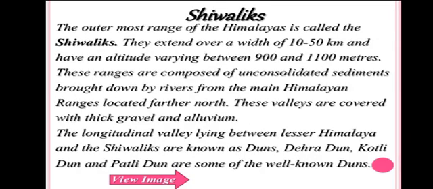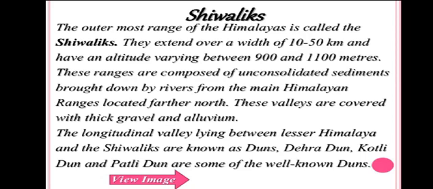Now if I talk about Shivaliks, this is the outermost range. It is called Outer Himalayas, and height varies from 900 meters to 1100 meters. They are composed of unconsolidated rock material.